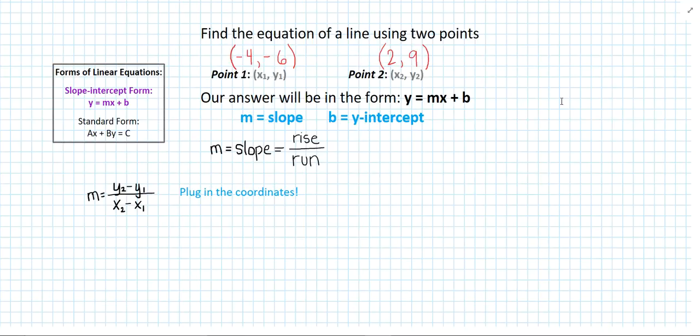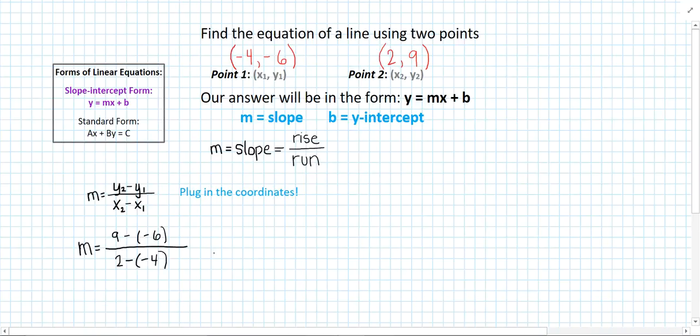Before I plug anything in, I always make a note of which point I'm going to make point 1 and which one I'm going to make point 2. That way I don't mix up any of my x's or y's. So now I'll go ahead and plug in my y2 minus y1 over x2 minus x1.